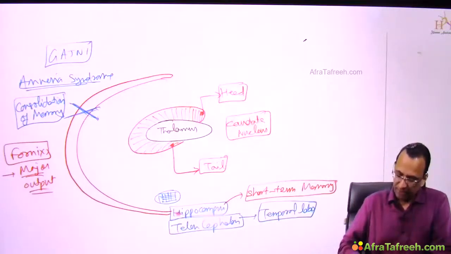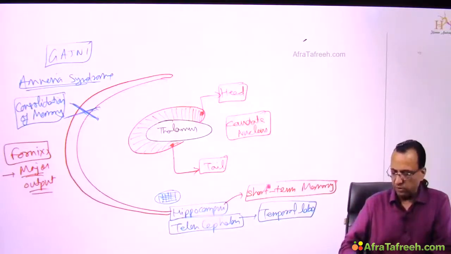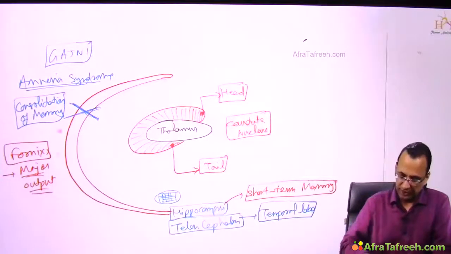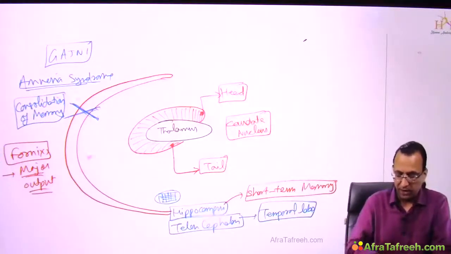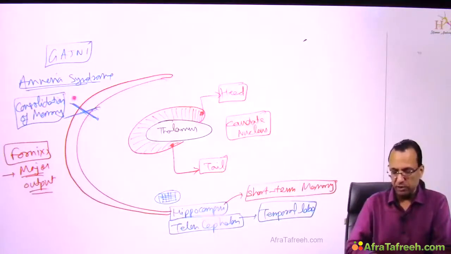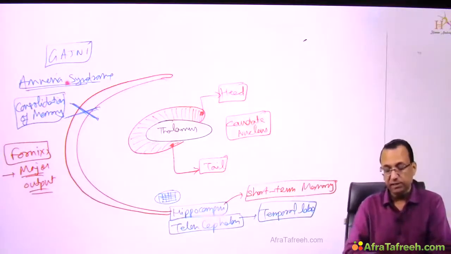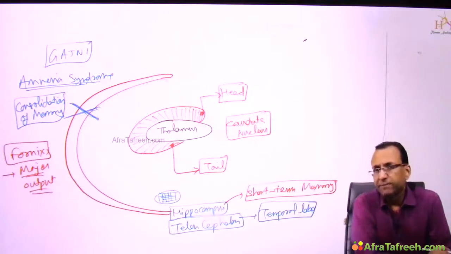So hippocampus, short-term memory, if it wants to consolidate memory, then should send the information via fornix, which is the major output tract, and if it is damaged, then consolidation of memory is compromised. There can be amnesia syndrome. By the way, where is this fornix C-shaped structure carrying the information towards?